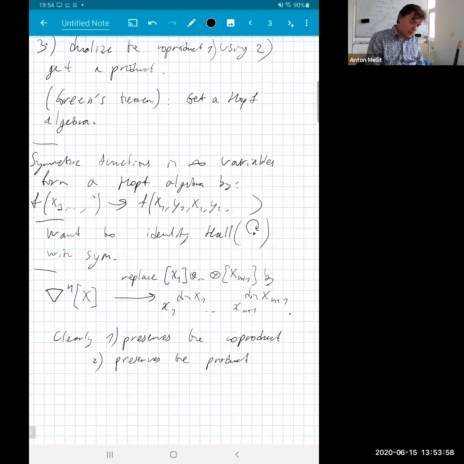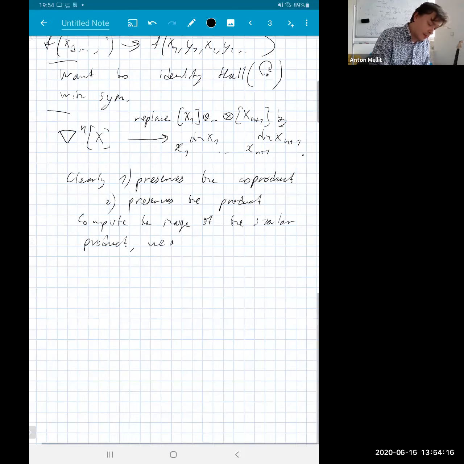And then you want to compute the image of the scalar product, and we obtain not quite the usual scalar product.